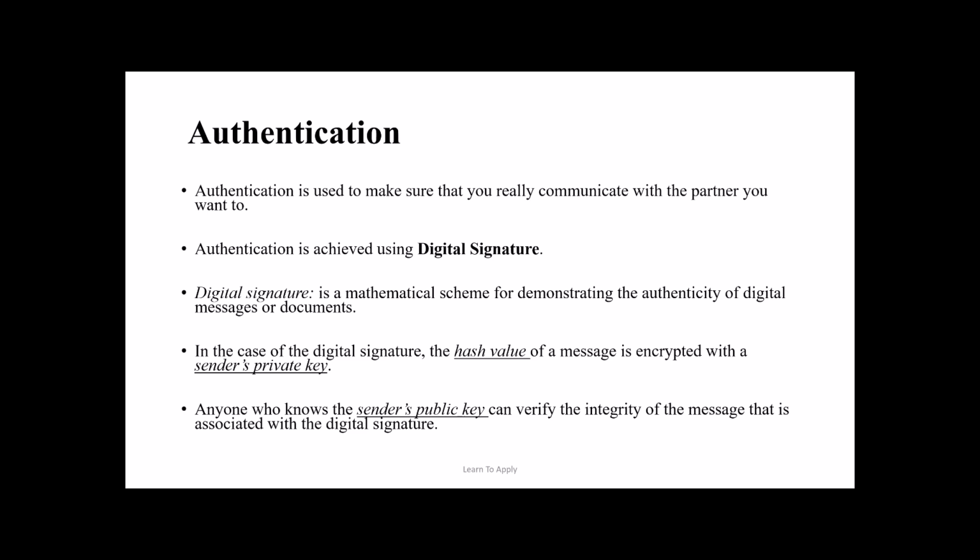We will look at how digital signatures work, but it's just a combination of encryption and hash. We first do hash, then we do encryption, and that's what helps us generate the signature. Then we will also look at an example where we generate a digital signature and also verify it.